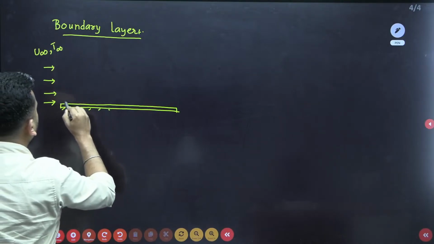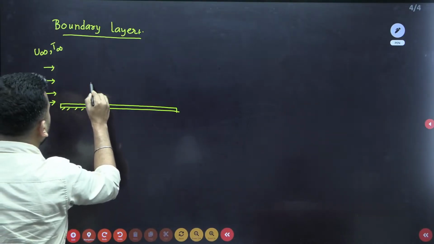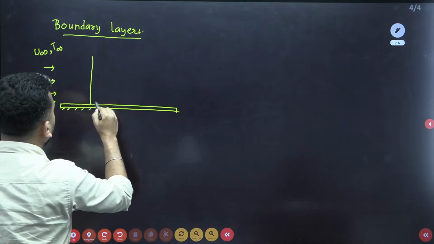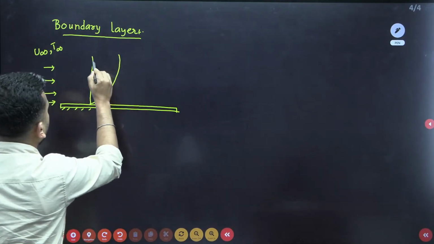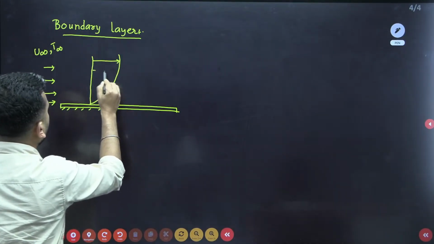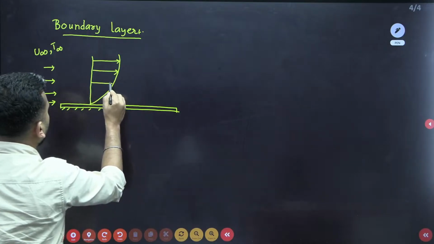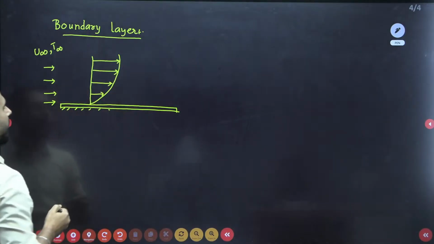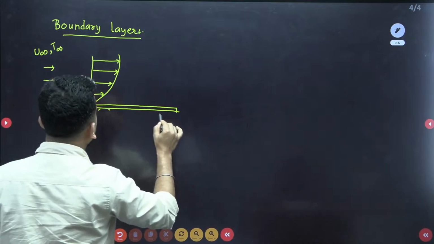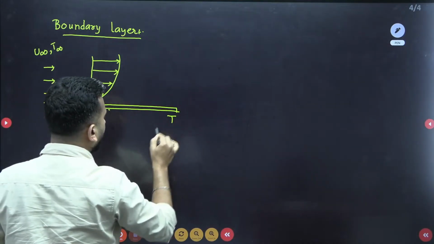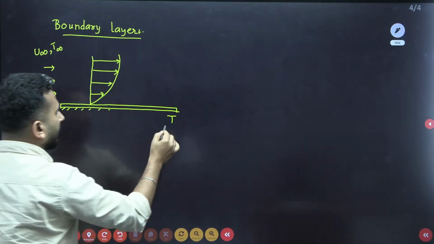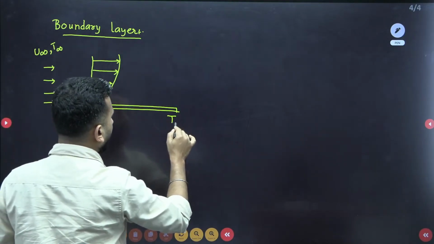So you know that a velocity boundary layer will form, which looks something like this. This is the velocity boundary layer. Also, let us say the surface temperature, the entire flat plate is maintained at Ts.